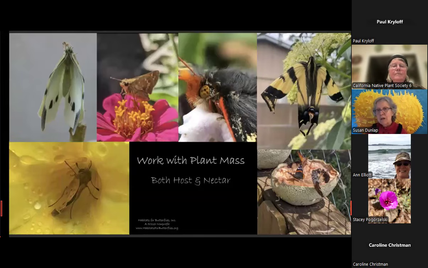And before moving on to a new topic, I want to mention that two studies recommend a ratio of 50-50% host and nectar plants. That's about 10 plants each, which works well for wildland restoration. But my experience suggests that garden spaces may benefit from a different approach.